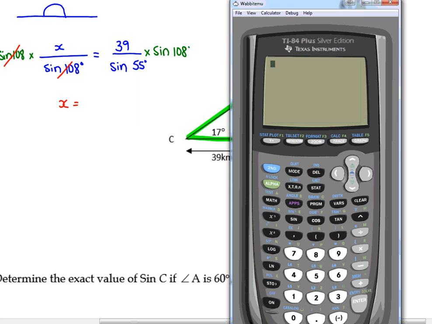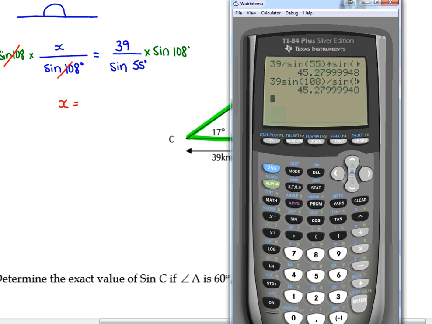Okay, so 39 divided by sine 55. Close the bracket for your angle times sine 108. You could also type it in as 39 times sine 108, and then divided by sine 55. It's the same thing.